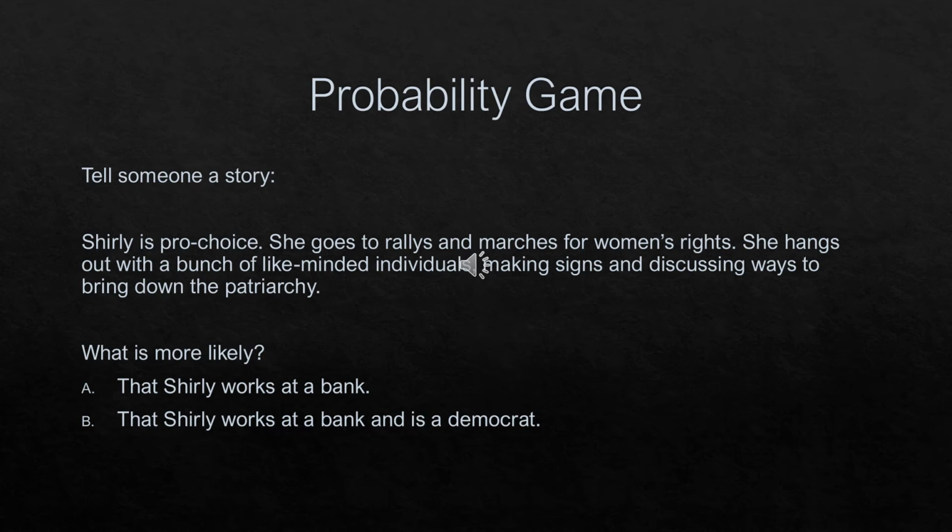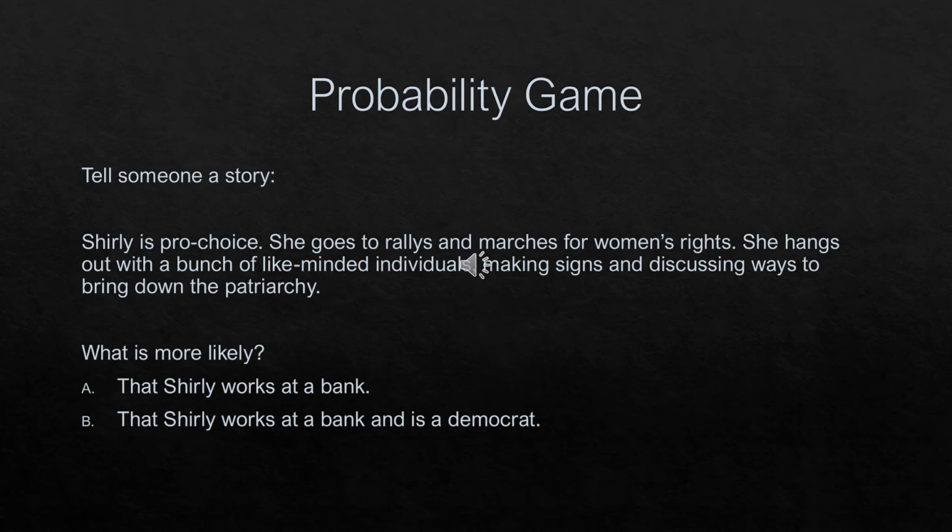She goes to rallies and marches for women's rights. She hangs out with a bunch of like-minded individuals, and they make signs and discuss ways to bring down the patriarchy. You tell your friends this story, and then ask them this question. What is more likely? A, that Shirley works at a bank, or B, that Shirley works at a bank and is a Democrat?